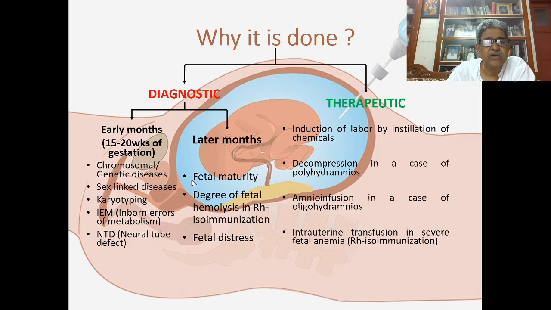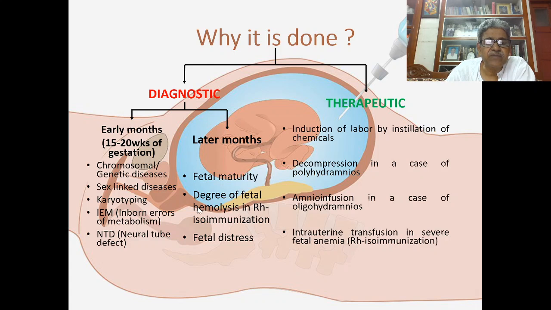Now, what about fetal maturity? Exactly, fetal maturity regarding size, weight, shape, and different organogenesis. If there is any defect, that can be diagnosed by this process. In another way, fetal hemolysis, Rh isoimmunization. You know the pathological term, erythroblastosis fetalis. Sometimes the Rh factor is very important for this disease.